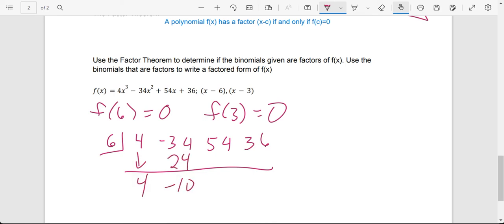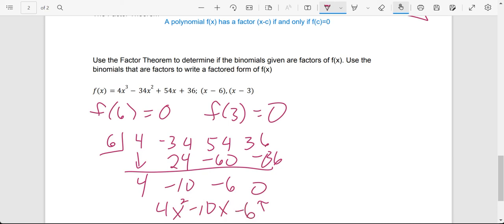Add, get negative 10. Times 6 is negative 60. Add, get negative 6. 6 times negative 6 is negative 36. And good, because we need that remainder to be 0, or else it wasn't really a factor, or we did something wrong. So we end up with 4x squared minus 10x minus 6.